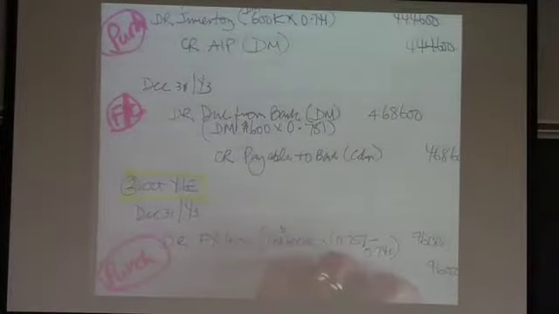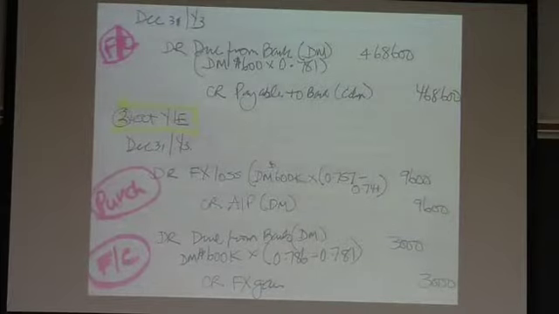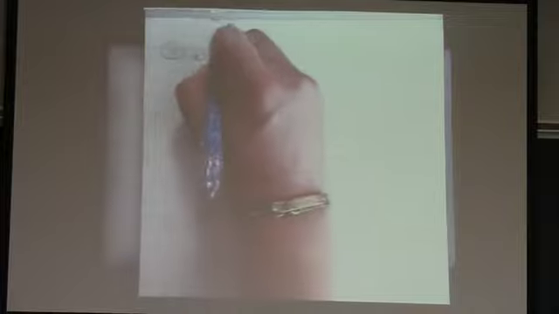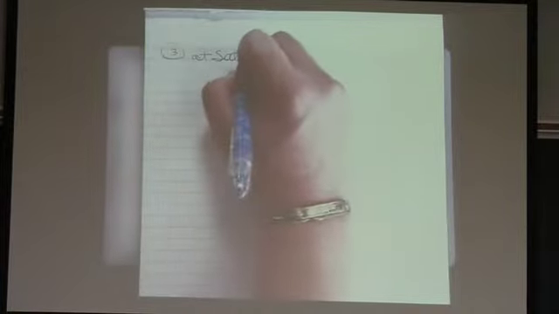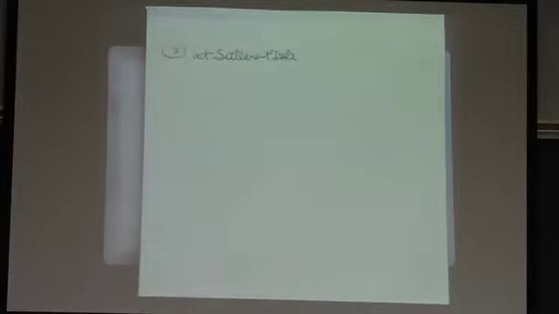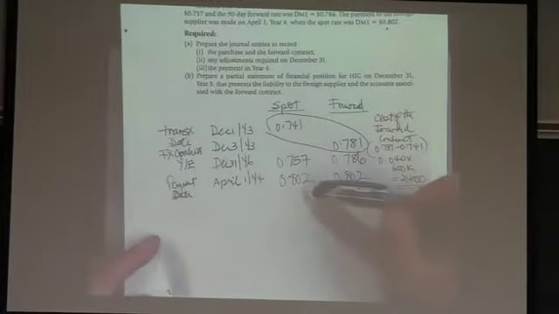Now, at settlement date, what are we going to do? At settlement date, we are going to record, again, we need to record the FX, so the liability, again, went from 0.757 to now 0.802.